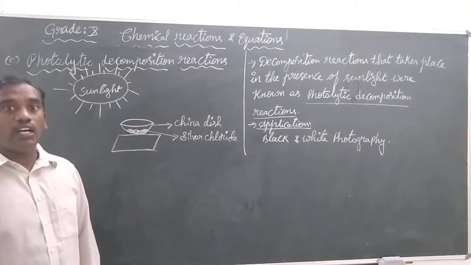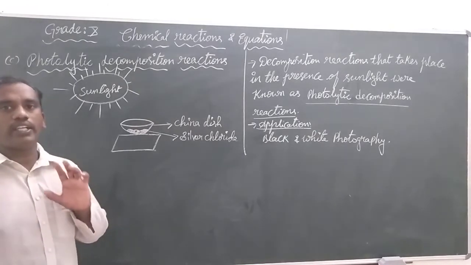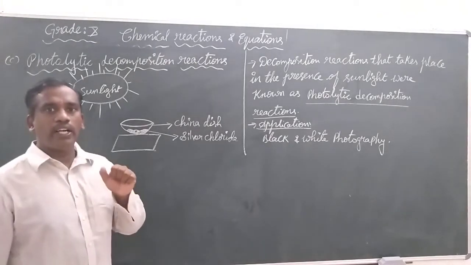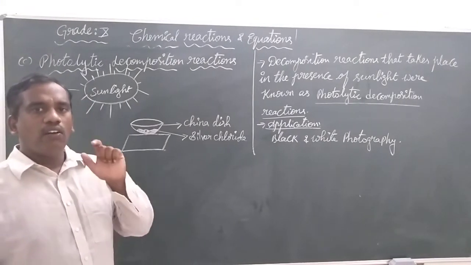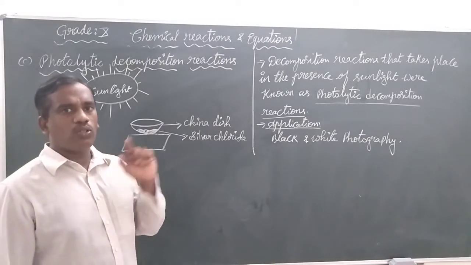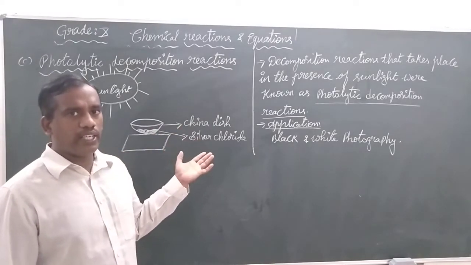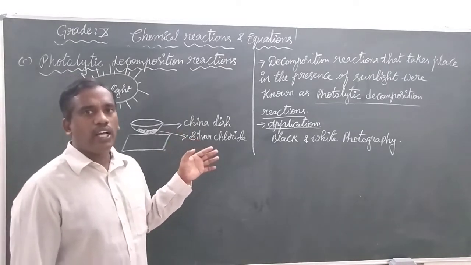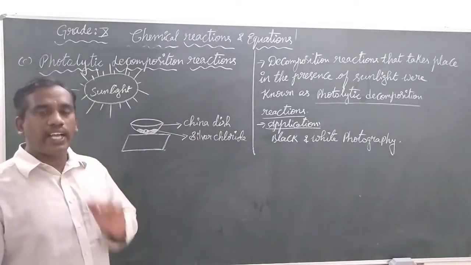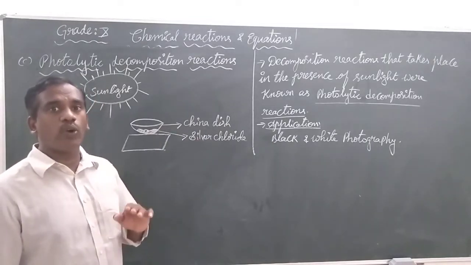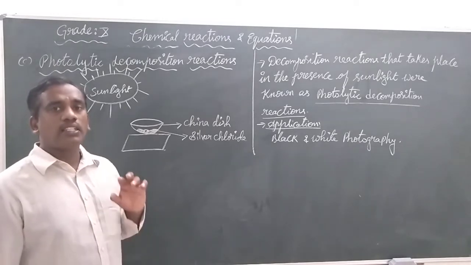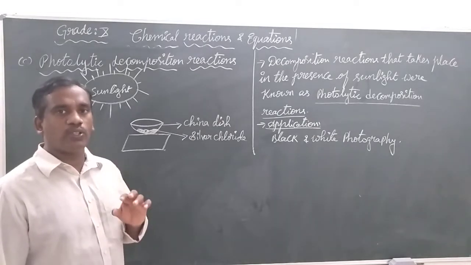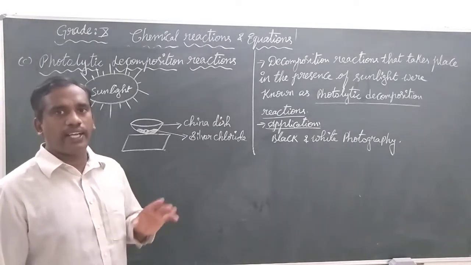Let us see the third kind of decomposition reactions. Up to now, we had discussed thermal decomposition reaction and also the electrical decomposition reaction, and now we are going into the third one, the decomposition reaction that takes place in sunlight.